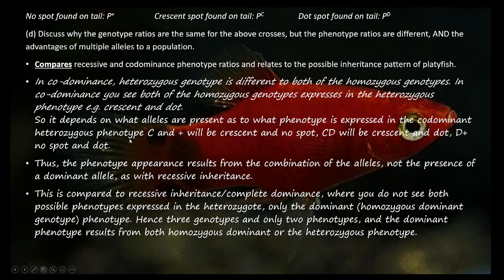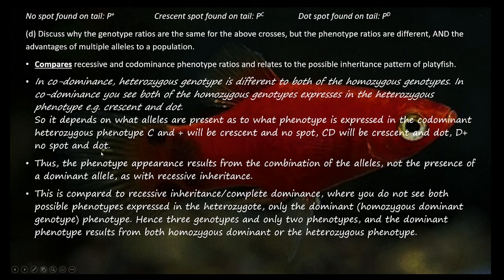Codominant heterozygous phenotype. So crescent and no spot will be crescent and no spot, crescent and dot will be crescent and dot, and then dot and no spot will simply be dot. So we took this back, we already said that, but now we're taking it back to the example and making sure that they see that we're applying our knowledge.